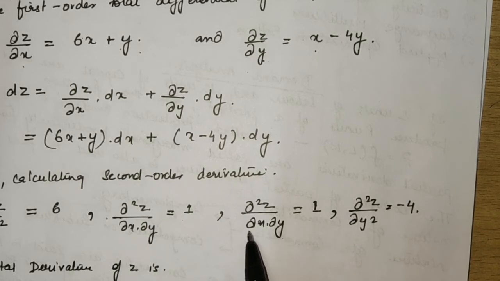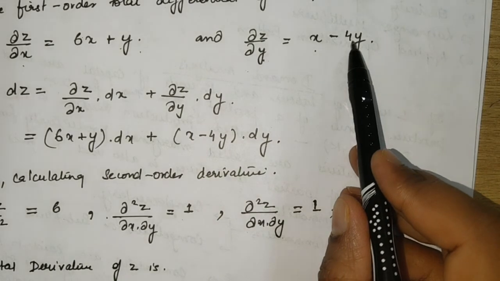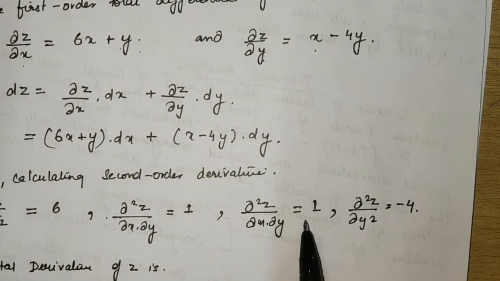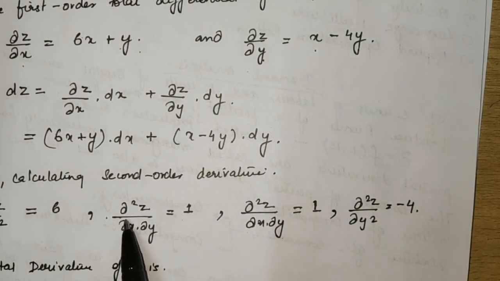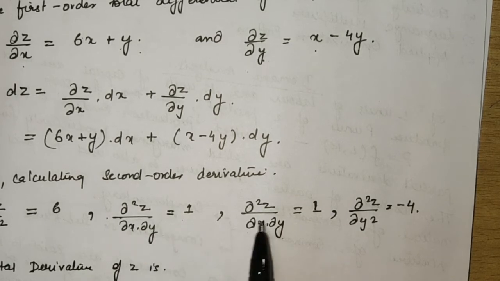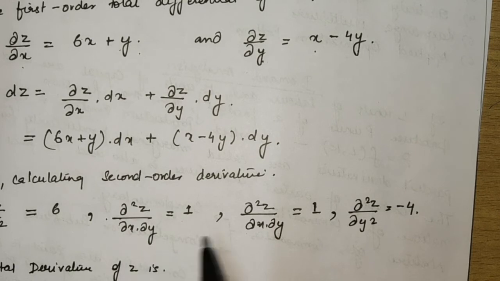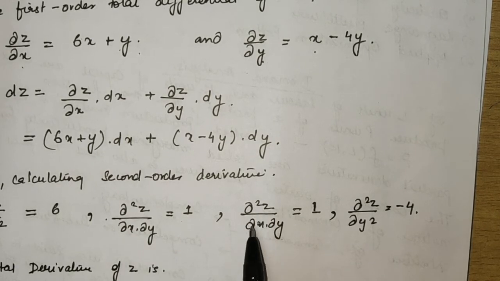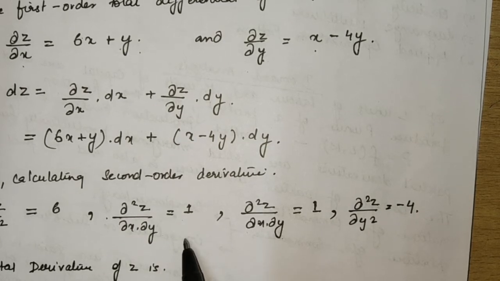We are differentiating this with respect to x, so y will be constant. So this will be 0 and this will be 1. So our answer is equal to 1. As you know, both expressions are same: delta square z by delta x into delta y, and over here also delta square z by delta x into delta y. Both are same. We have discussed this in the previous lecture.